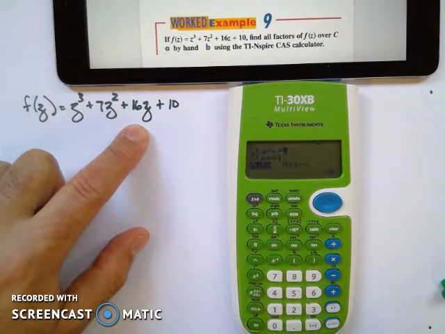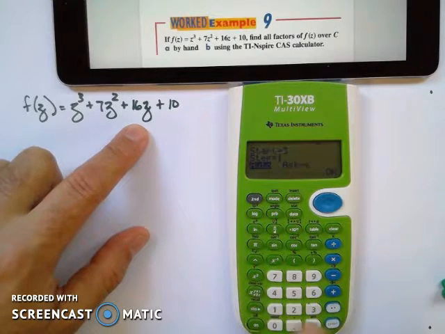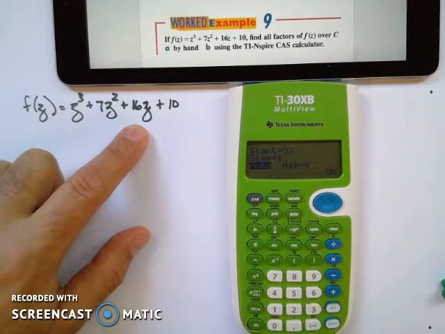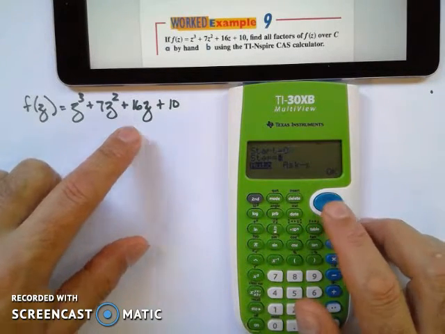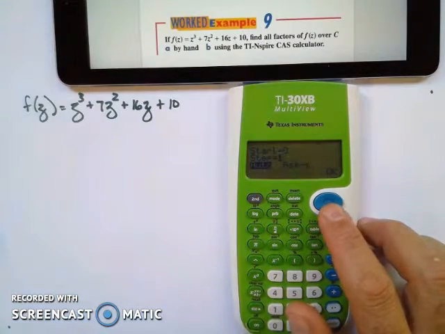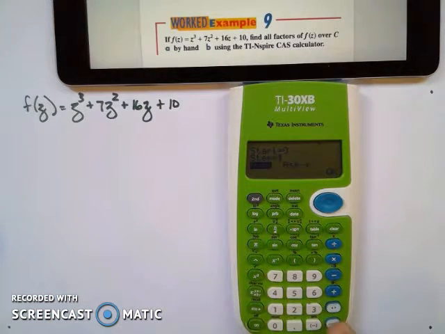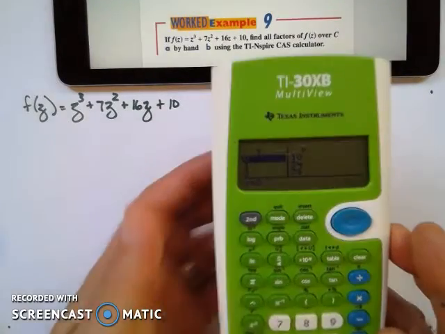I'm going to press enter. Start at 0, step 1, which means we're only going to go 0, 1, 2, 3, etc. Enter, enter, enter. Now I have a list, and I'm just going to bring it up so you can all see.